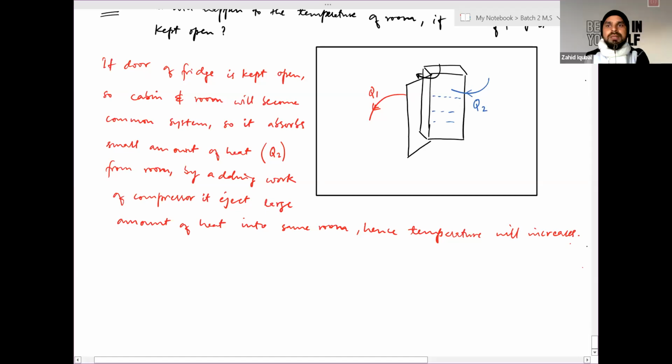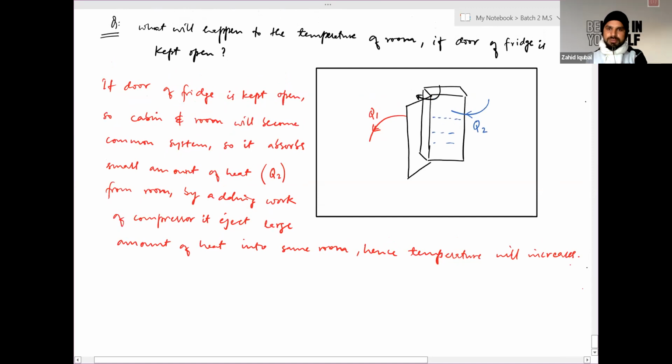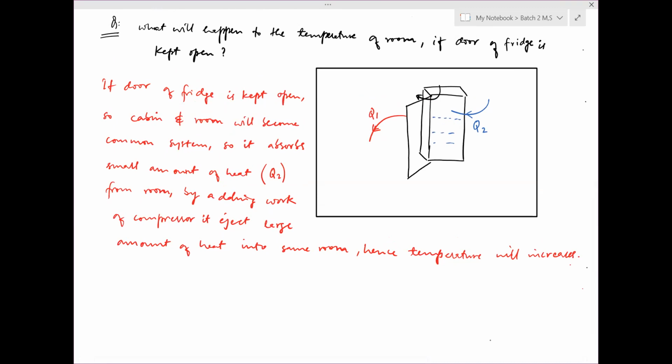Okay, just write it down. This is the last part of thermodynamics. We have just finished it. Done, sir.